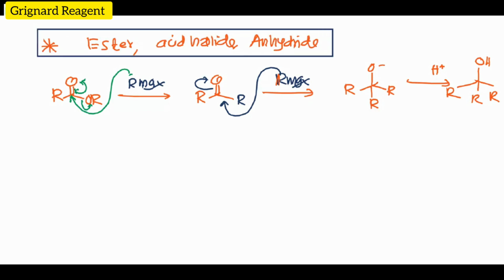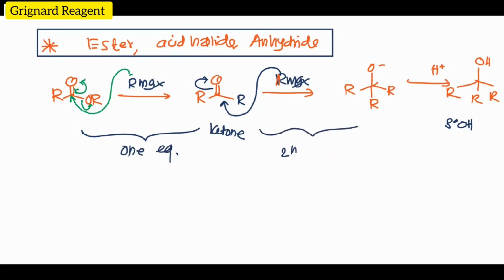If one equivalent is used, it will form only the carbonyl compound as a ketone. And here the tertiary alcohol is going to be formed by the application of the second equivalent. Remember this one. If one equivalent is added, ketone is going to form. If a second equivalent is added, then it will convert into the tertiary alcohol.